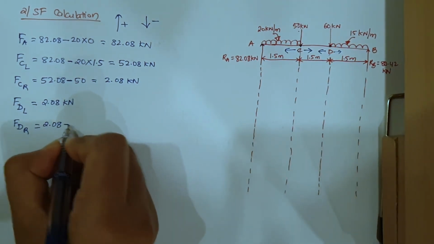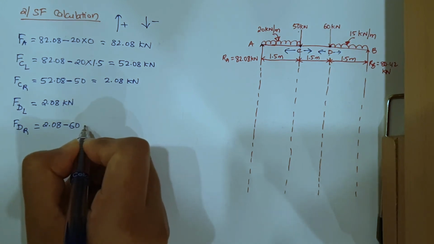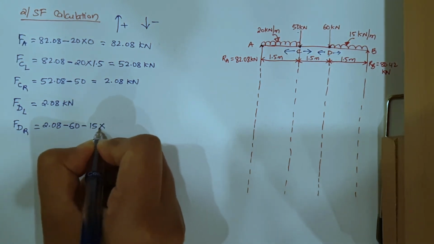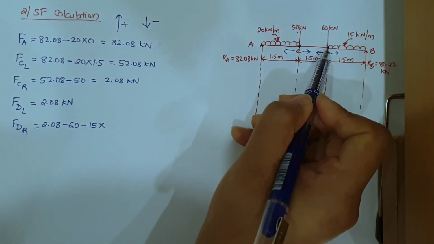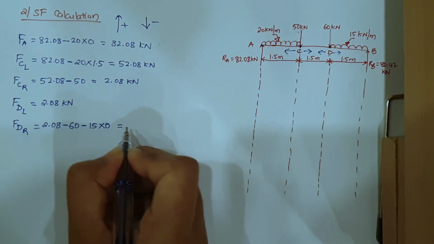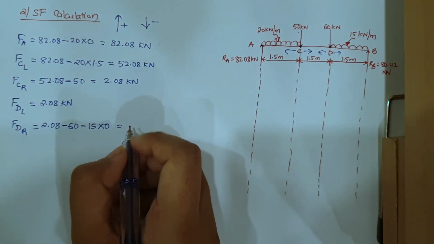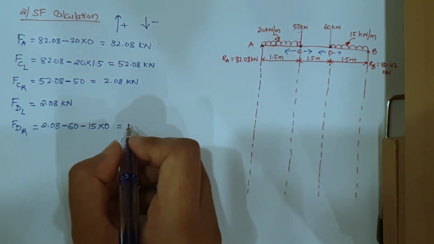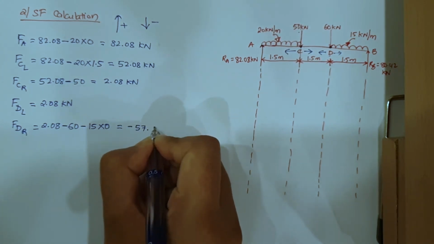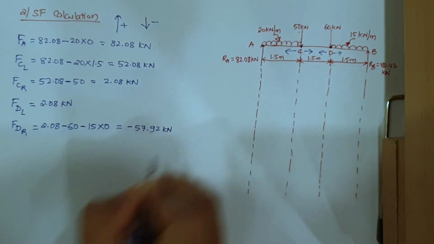So minus 60 and the UDL is acting, minus 15, and what is its distance, it has just started at D, right? So its distance is 0. So we have 2.08 minus 60 will be equal to minus 57.92 kilonewton.